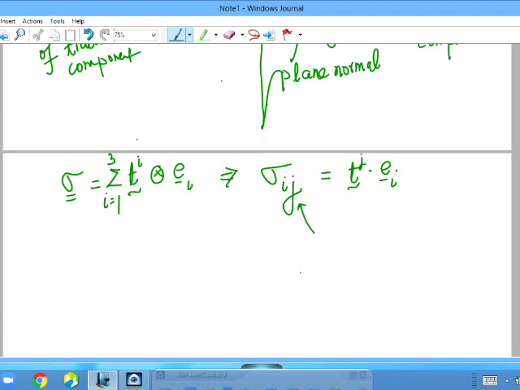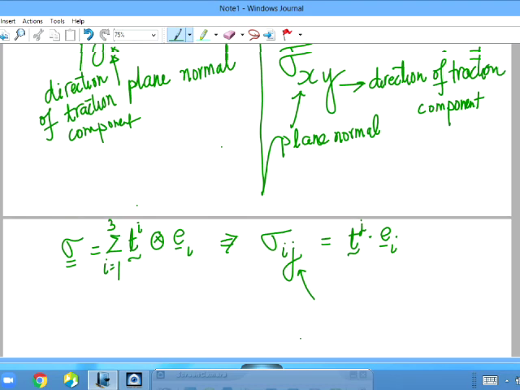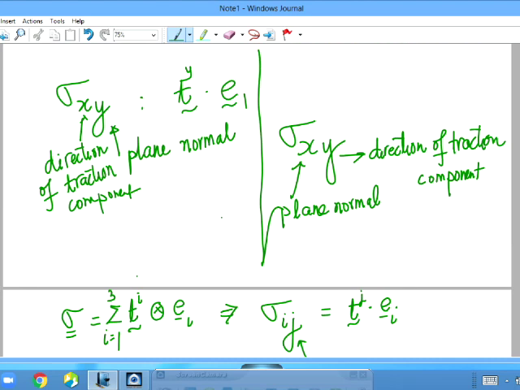You can also use a different definition for denoting tensors and then finally come up with a formula which will be concurrent with the other definition. So as I told you, it's all about definition.